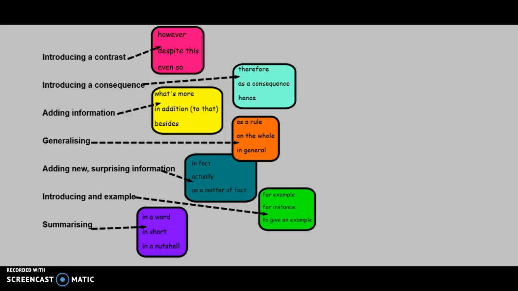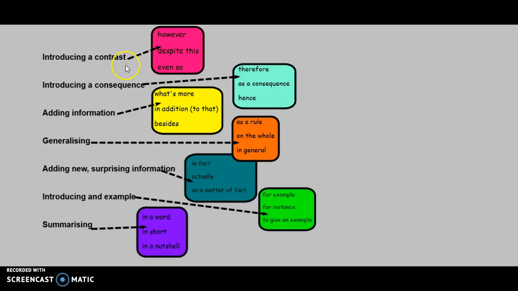As I showed you in the first slide, there are a lot of different linkers with a lot of different functions. Today we looked at the first three, but in this little slide here, I have given you more and their meaning. So it is important that you focus on the meaning of the linkers and not just on linkers by themselves. Every linker introduces a sentence that does something different from the first or the same as the first.